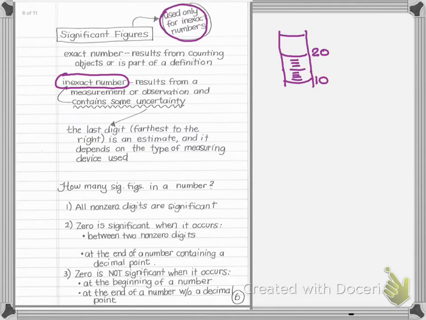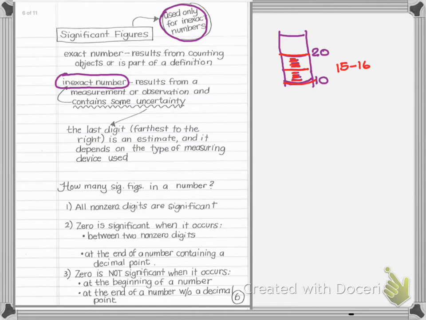So I know this line is a 10, and then I have 11, 12, 13, 14, 15, 16, 17, 18, 19, 20. So I know all those numbers, but what if my measurement was between 15 and 16?